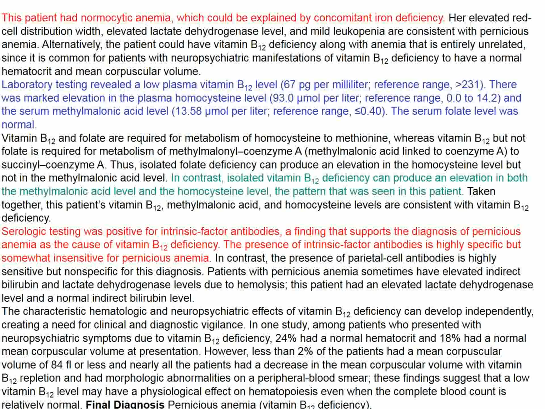I would have probably put down an NG tube to see if she can produce acid, which I'm sure she probably couldn't. So this is an example of vitamin B12 deficiency.